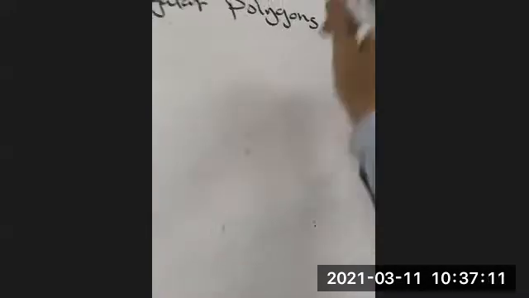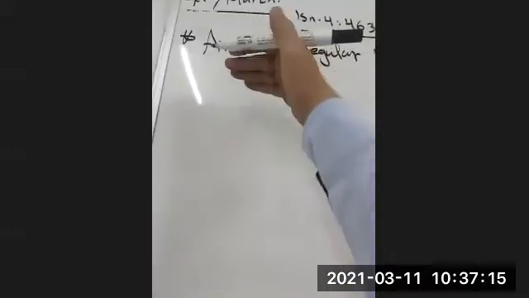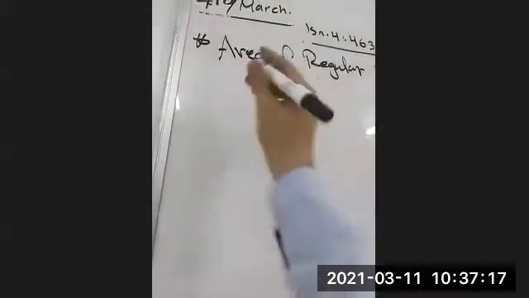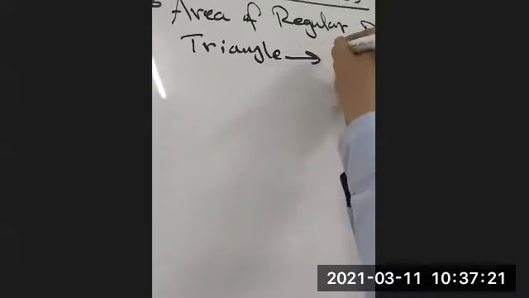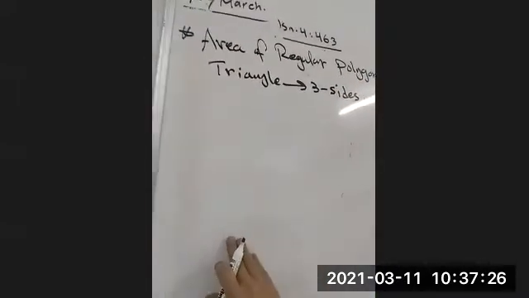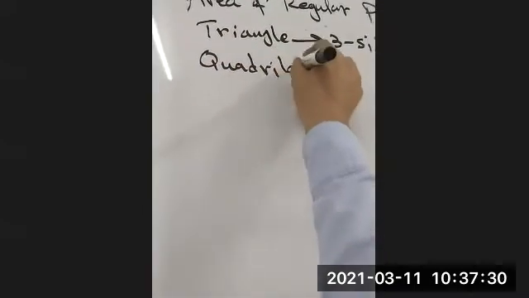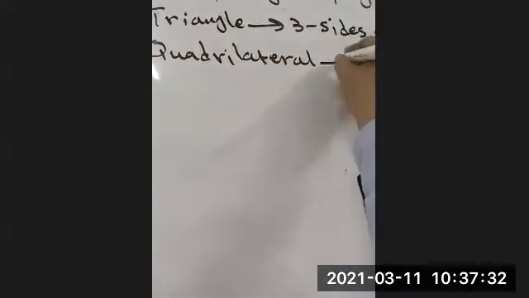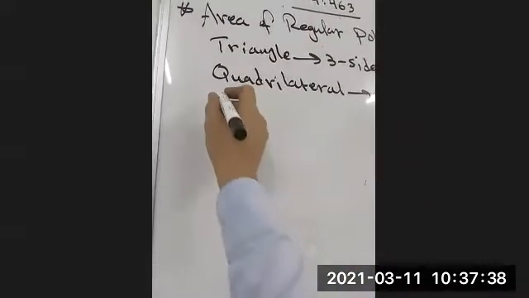Now, regular polygons. We have different types of polygons. For example, if we have a triangle, it means we have 3 sides. Quadrilateral means we have 4 sides of the polygon type.